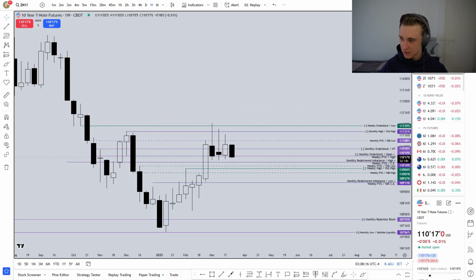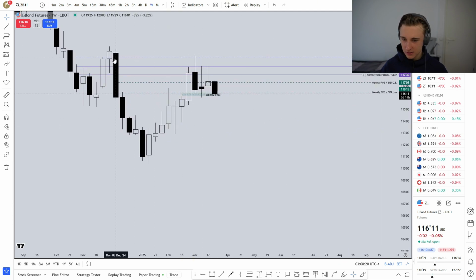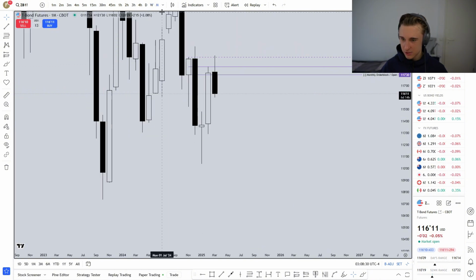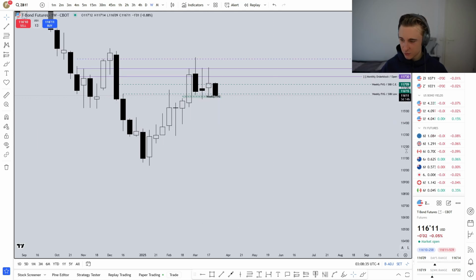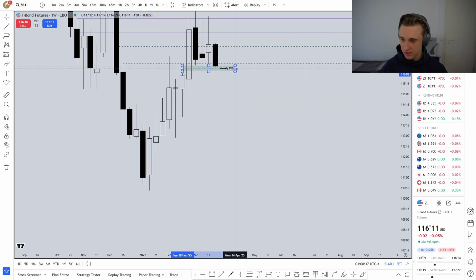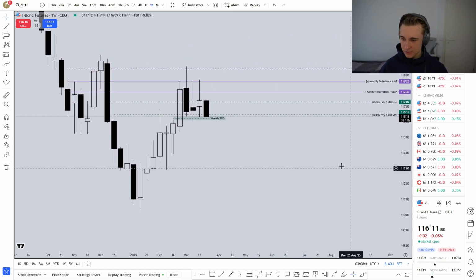On the weekly, let's stick to 30-year T-bond futures. You can see we traded into this bearish order block, rejected, and we consistently reject this monthly order block mean threshold. And you can see there's no willingness to trade back higher again. We're at the weekly fair value gap currently at the moment. Again, this is a SIBI.